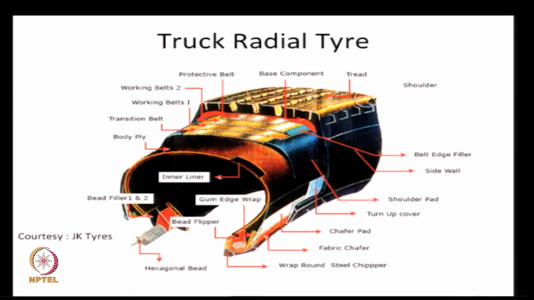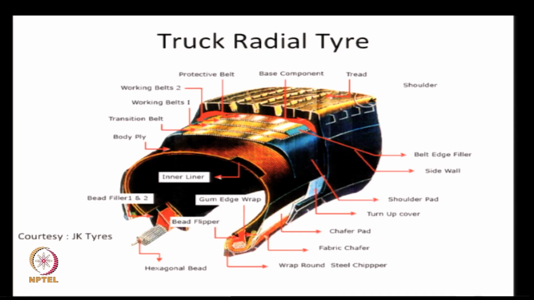There is what is called a steel chipper wraparound to protect the bead, and then you have a chafer and so on. The chafer and chipper all help the bead to actually interact with the rim, right. There are other things there, let's not worry about it.